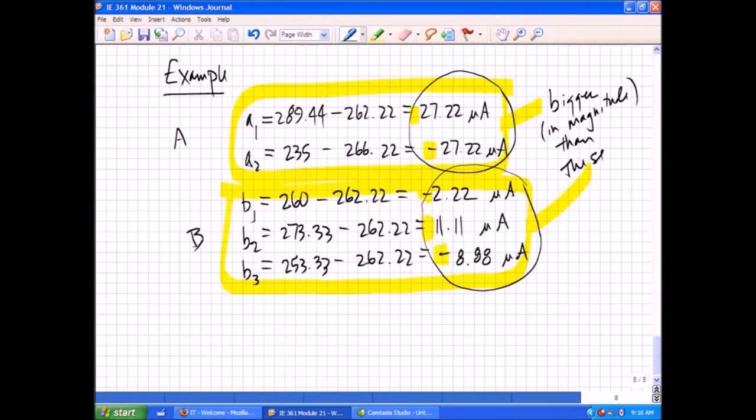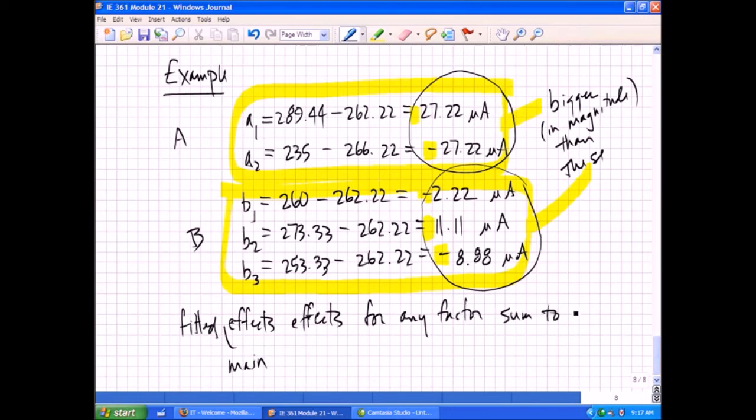That is, it's just a consequence of the way that we've defined them that the fitted main effects for any factor sum to 0.